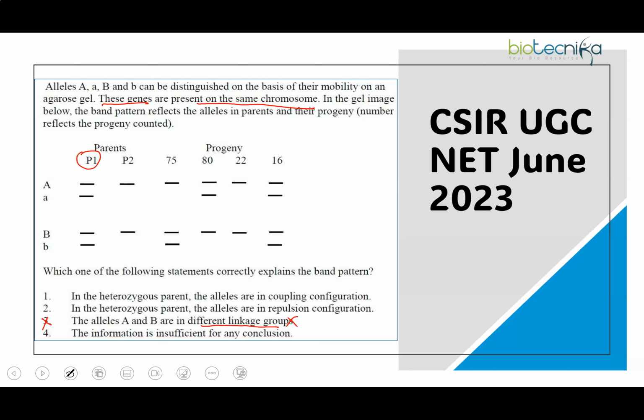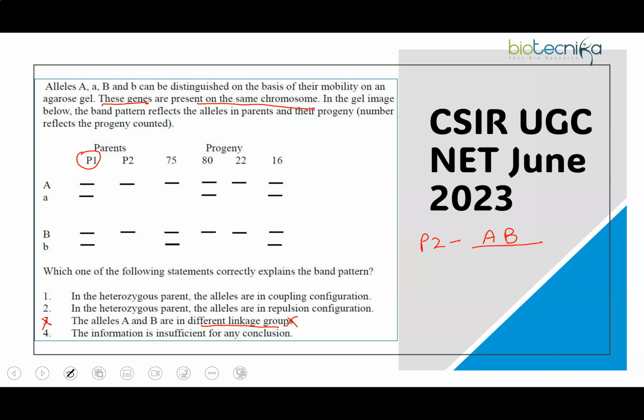Now, what about P2? In P2, we see only two bands, capital A and capital B, and A and B are on the same chromosome. So on one of the chromosomes, this is the configuration. We will first try to write it down in the linked gene format. What about the other chromosome? Is P2 a haploid?